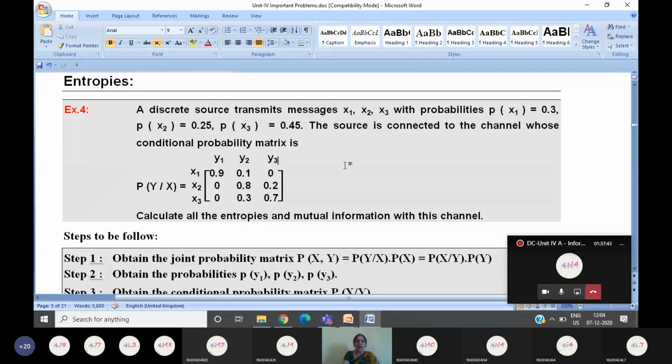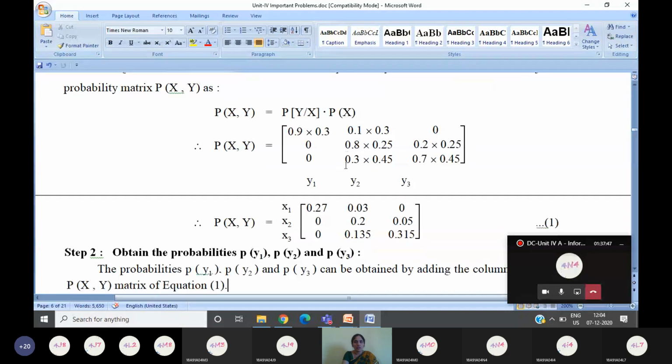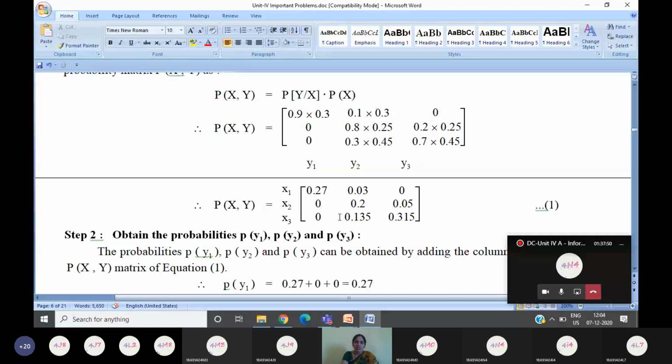So add all the elements of the third row, you should get 0.45. So if you see third row, 0.135 plus 0.315, how much? 0.45. Okay, so accordingly, you can cross verify or calculate the P of x and P of y marginal probabilities.